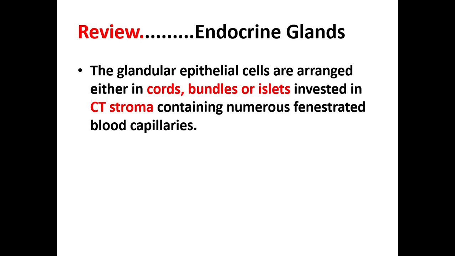From exocrine, let's go into the endocrine glands. The endocrine glands are epithelial cells arranged either in cords, bundles, or islets, or just a group of cells invested in connective tissue stroma containing numerous fenestrated blood capillaries.